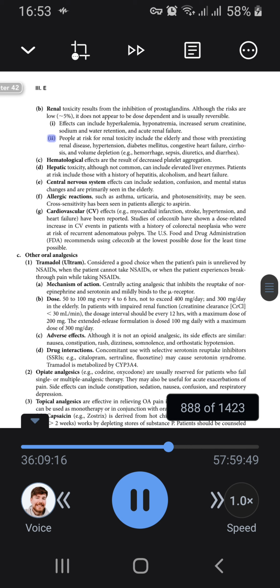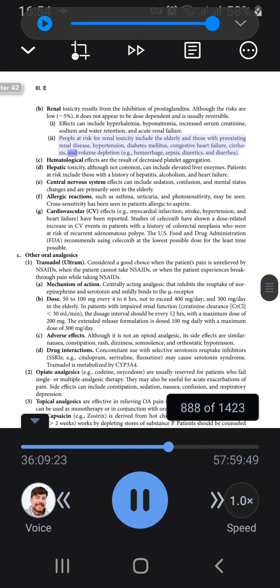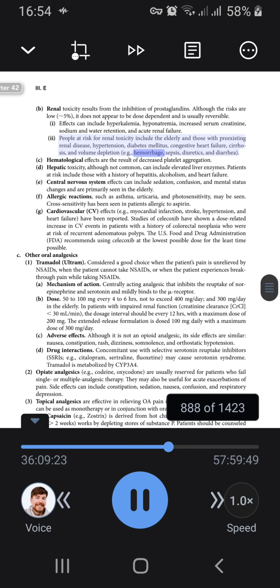People with a risk for renal toxicity include the elderly and those with pre-existing renal disease, hypertension, diabetes mellitus, congestive heart failure, cirrhosis, and volume depletion, for example, hemorrhage, sepsis, diuretics, and diarrhea.